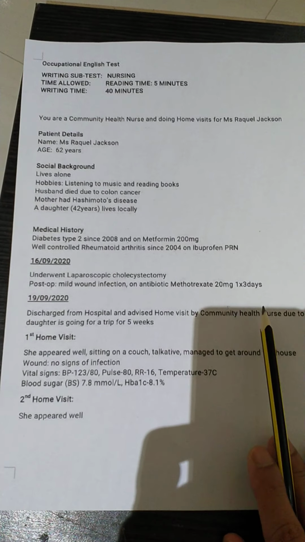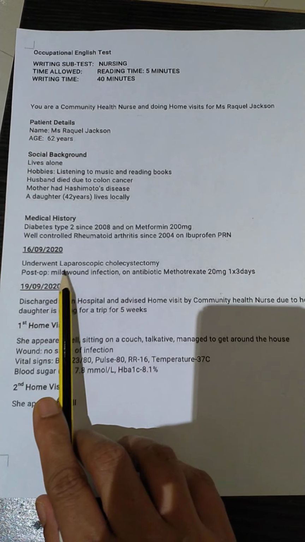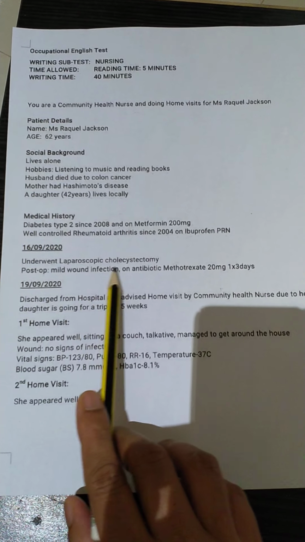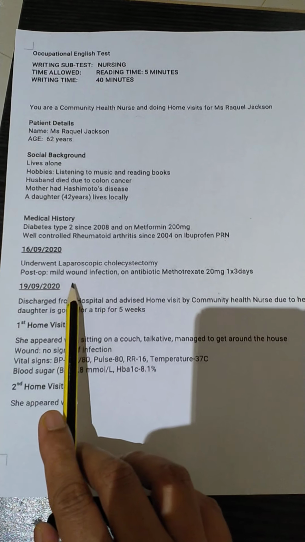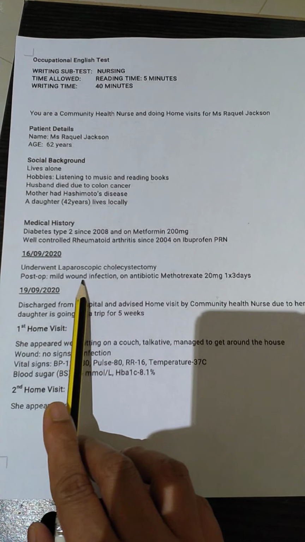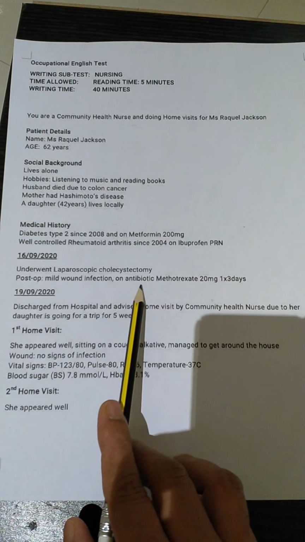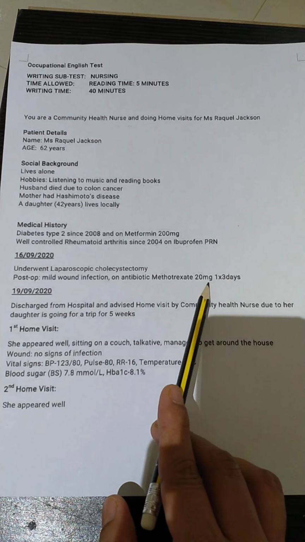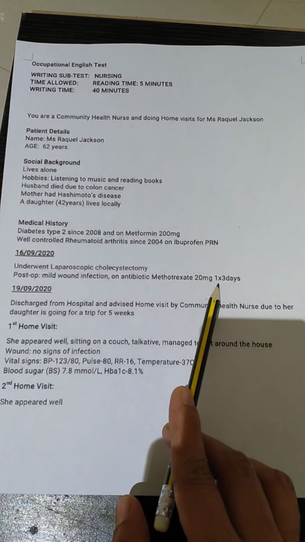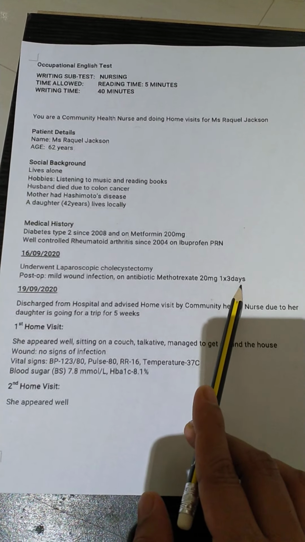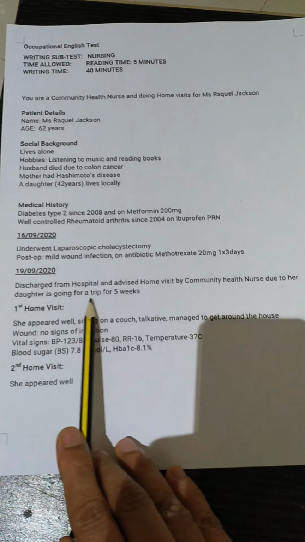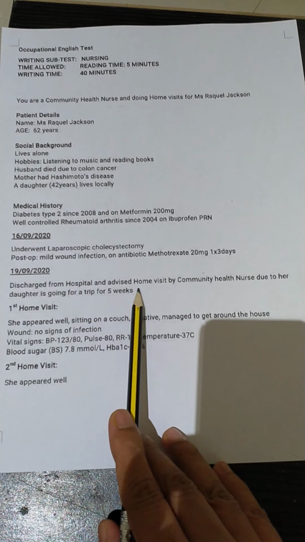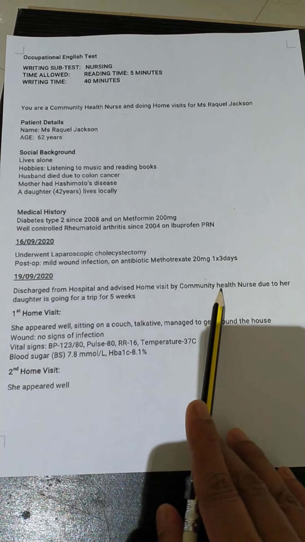Then what happened? On 16/9/2020 she underwent laparoscopic cholecystectomy. Post-operatively she had a mild wound infection and it was managed with antibiotic, methotrexate 20 mg once for 3 days. Then on the 19th she was discharged from the hospital and advised a home visit by a community health nurse because her daughter is going for a trip for 5 weeks.